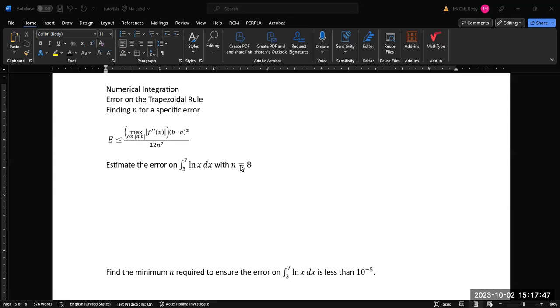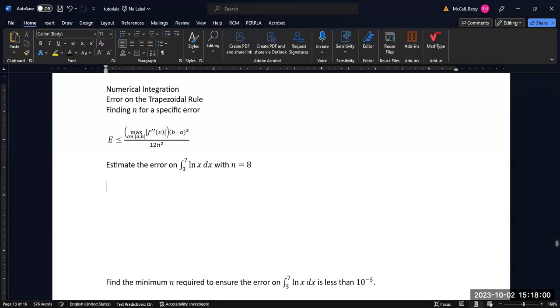We had, I think, 6.31, and the true value was closer to 6.32. So we're in that vicinity in terms of the accuracy, and we want to see what the error formula is going to tell us about that.